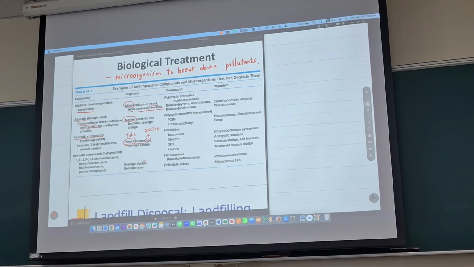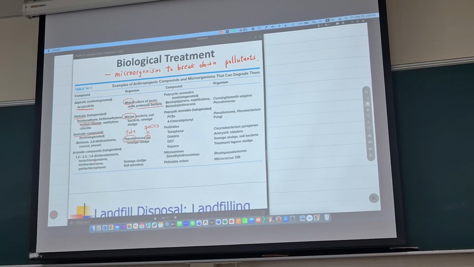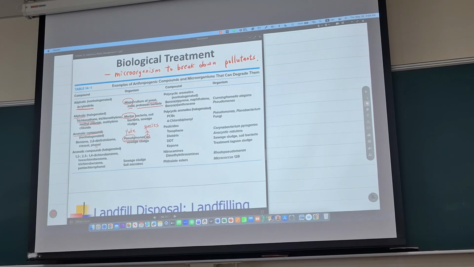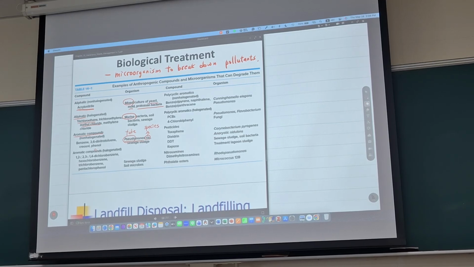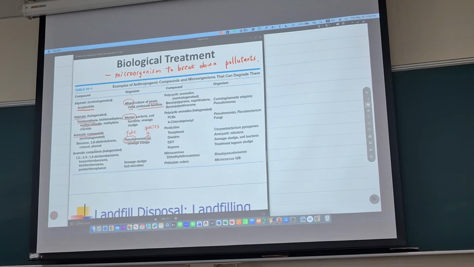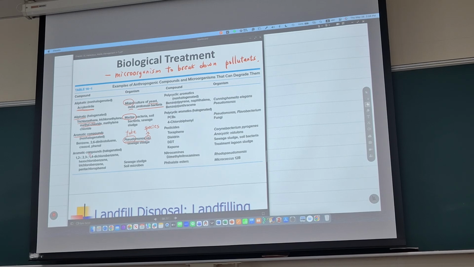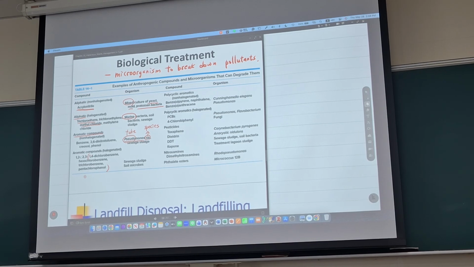And the hardest, like PCB, can be degraded by Pseudomonas species as well. And in the pesticides, this one is the famous DDT.